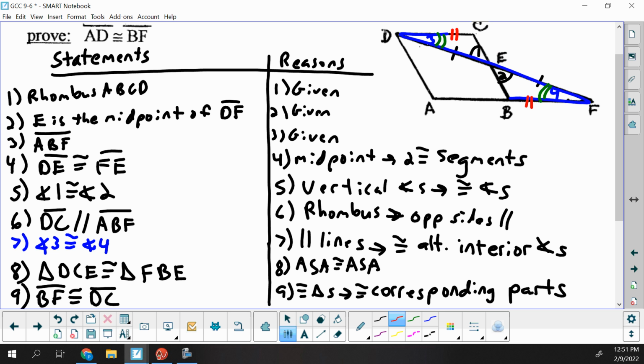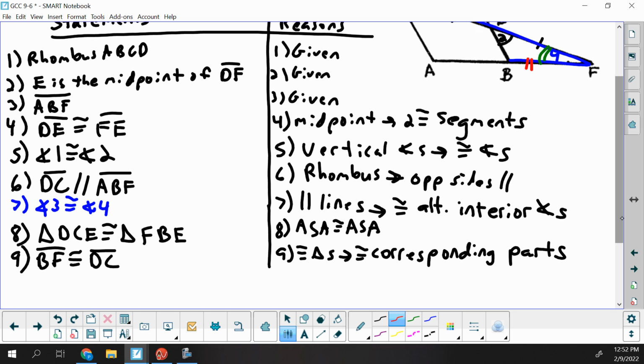So let's pause and see where we are and where we want to go. We eventually want to get AD congruent to BF. Well, BF is currently congruent to DC, which is a side in our rhombus. In a rhombus, we know that all sides are congruent. So, since we eventually want to get BF congruent to AD, which is also a side in the rhombus, let's go in that direction.